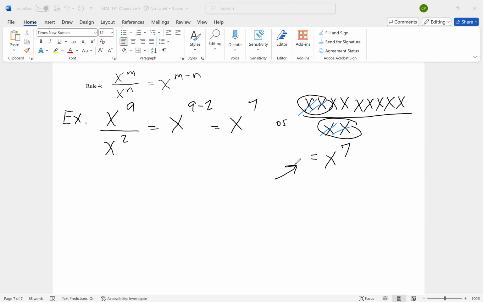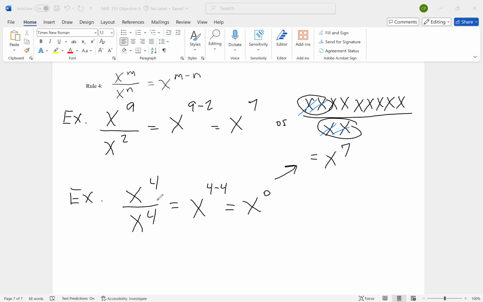Another thing about rule number 4 is going to lead us into rule number 5. What if we had x to the 4th over x to the 4th? If we follow this rule, we'll have x to the 4 minus 4, which is x to the 0, right?